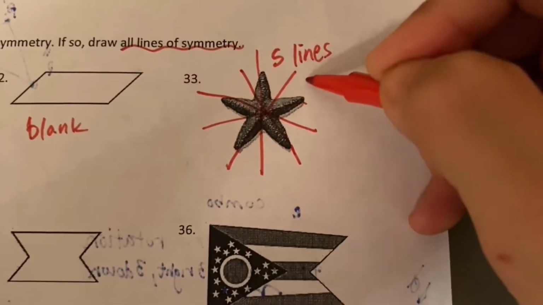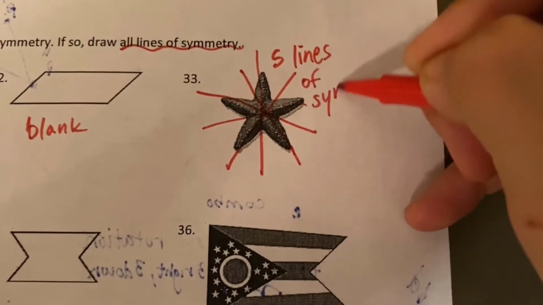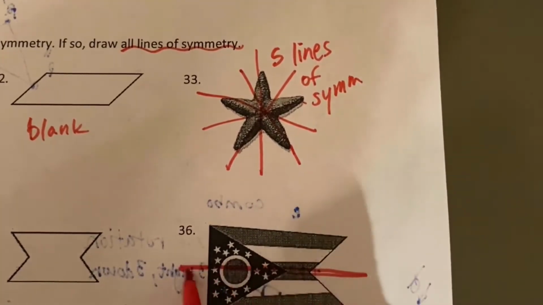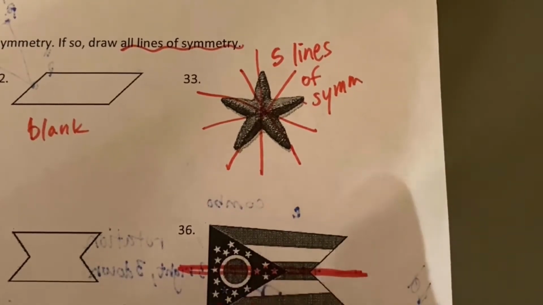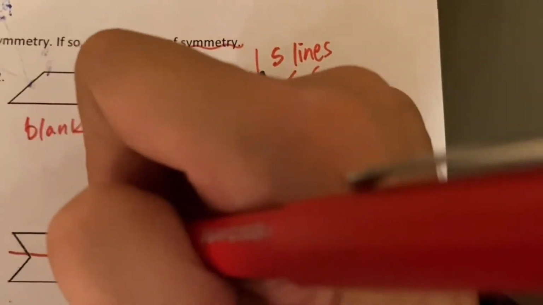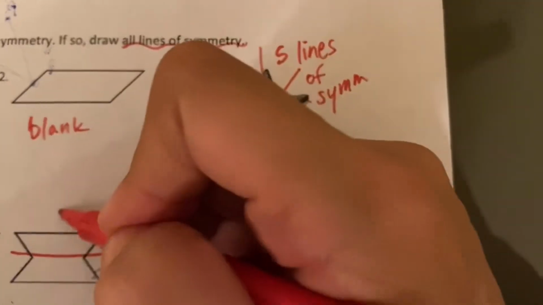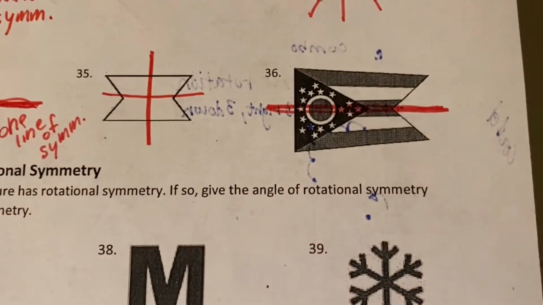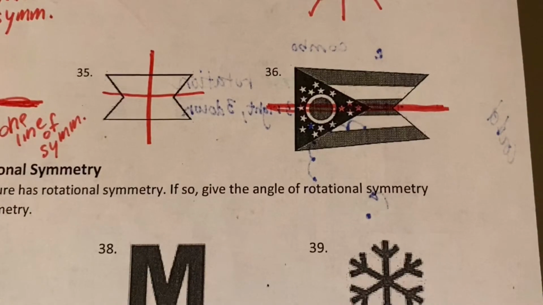We pretty much had that one before. This one looks like we could fold the flag here. This one kind of the same way. We could fold it here, but I think we could also fold it there. So it kind of looks like a letter X if you boxed around the letter X. Okay.